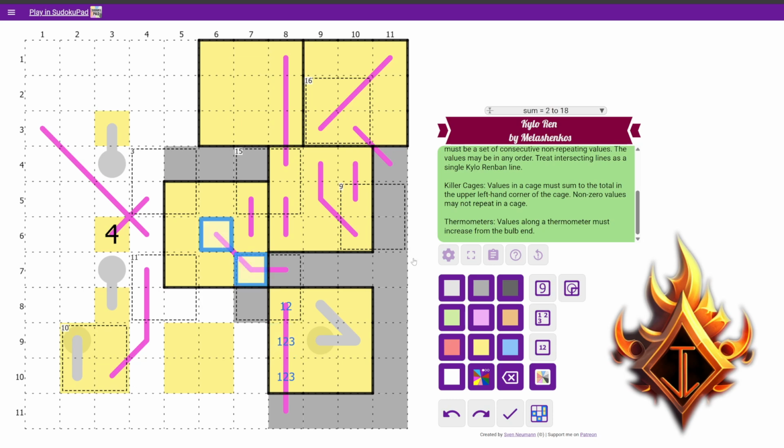This one will be 1, 2, 1, 2 as well. 9 cannot go over here. 9 went there, that would be 8, that would be 1, 2, 3. That'd probably be okay, maybe okay.